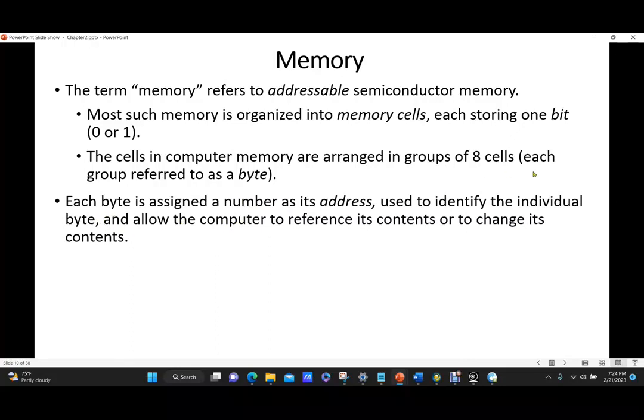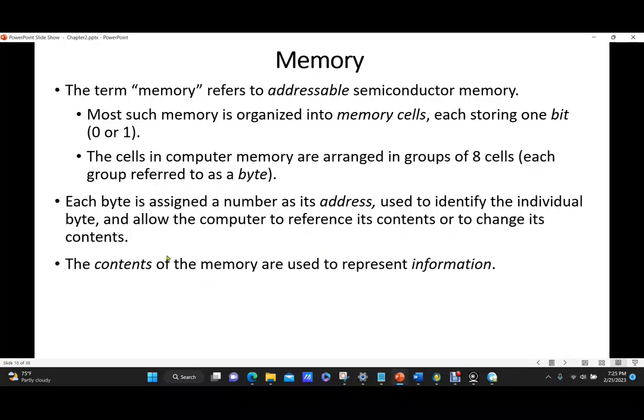Each byte, each group of 8 cells, is assigned an address, a number that identifies that byte and allows the computer to reference or modify the contents of that byte.